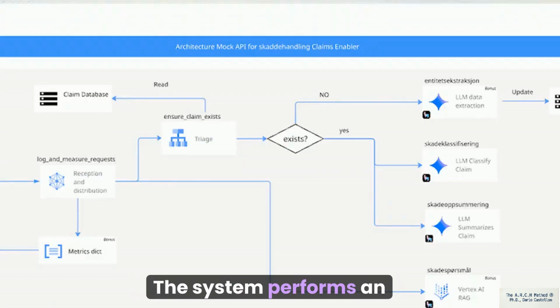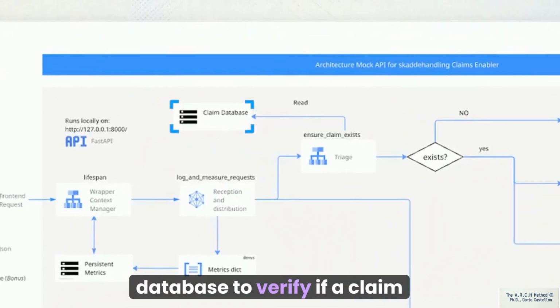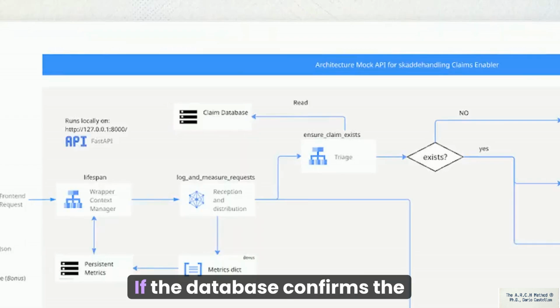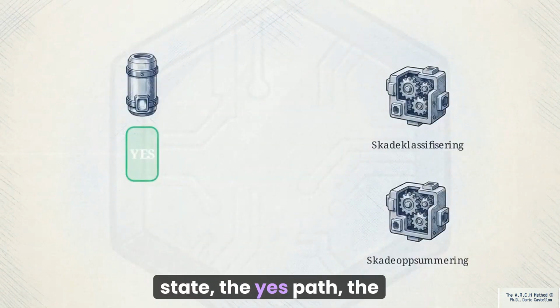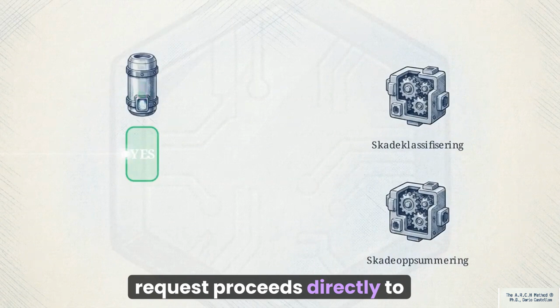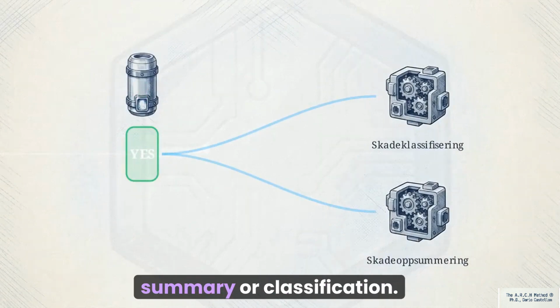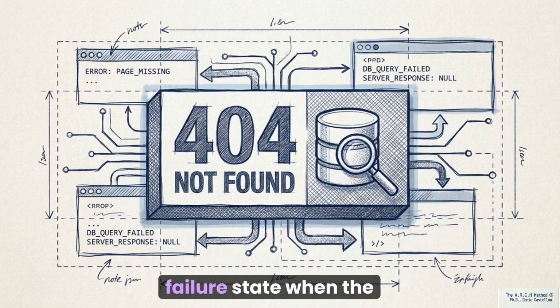The system performs an initial check against the database to verify if a claim ID already exists for the incoming request. If the database confirms the state, the yes path, the request proceeds directly to its requested endpoint for summary or classification. The critical question is how the system handles the failure state when the database returns a no.